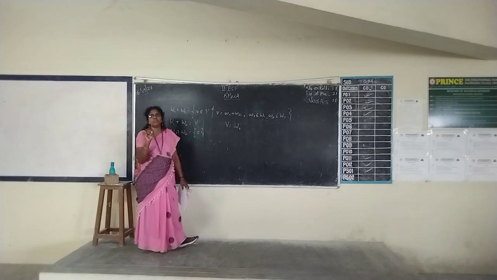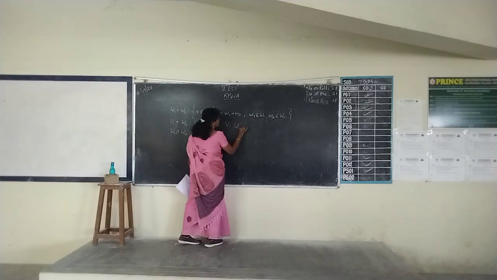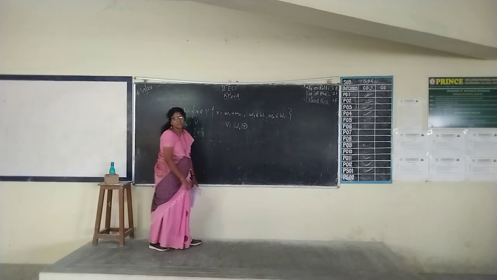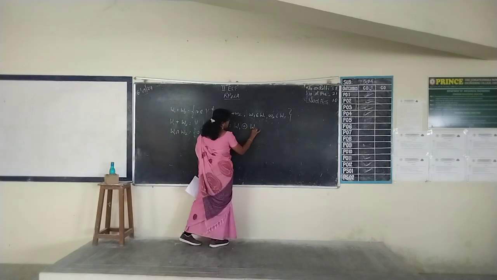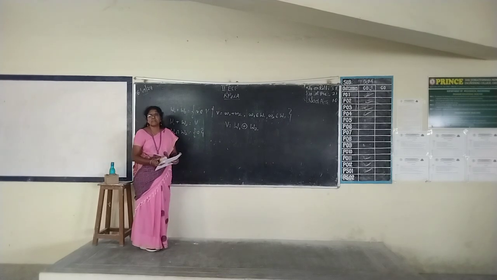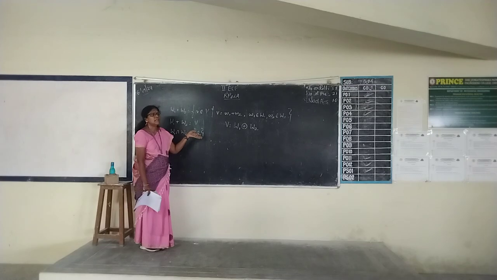The notation symbol for direct sum is that you put a plus and put a circle around it. The meaning of this is direct sum. Have you come across this symbol or not? Yes, ma'am. So that is called the direct sum.